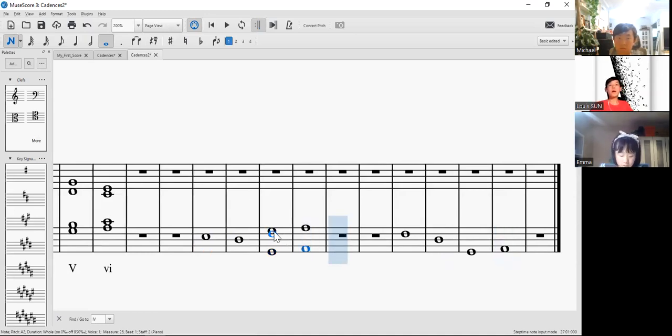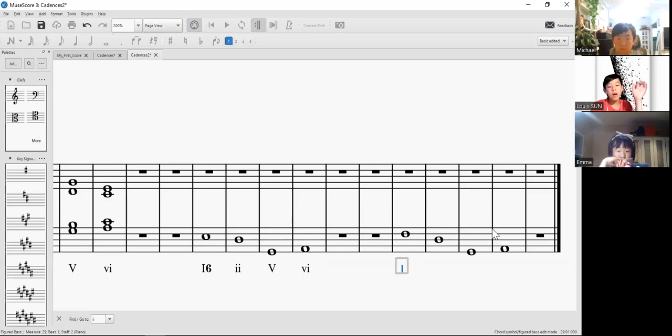Okay, cool. Let's just put the chord indication in. 1, 6, 2, oops. 2 is a minor triad in the major key, so it has to be lowercase. And 5, 6. This one, 2B.